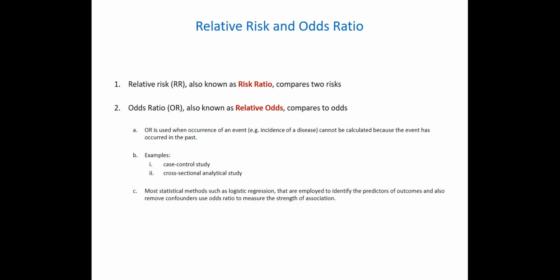Odds ratio is used when the occurrence of an event, the incidence of a disease, cannot be calculated because the event occurred in the past. In observational design, where you don't do experiments, two things happen. In disease causation, you cannot perform an experiment on human beings, even animals.